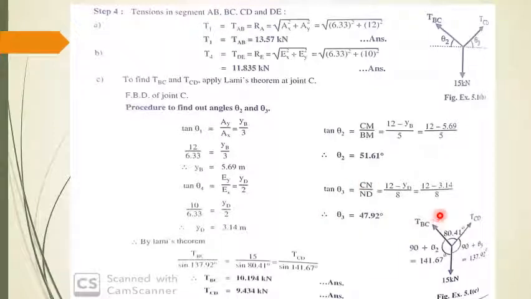Now, apply Lami's theorem to point C and find out the tensions TBC and TCD by using Lami's theorem. With this, you will get the values of the tensions in the cable. T1 and T4 you can find out directly by using the reactive components, and then the remaining T2 and T3, that is TBC and TCD, you can find out by using Lami's theorem.